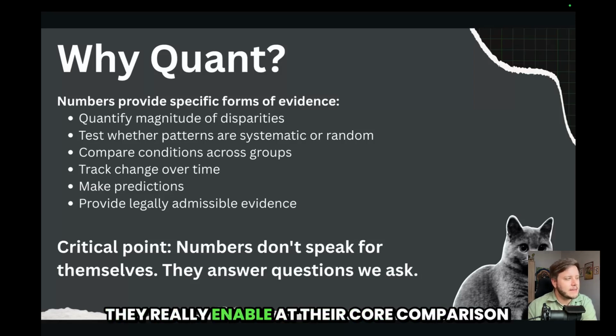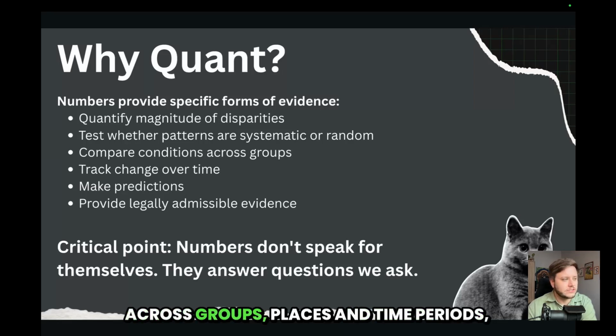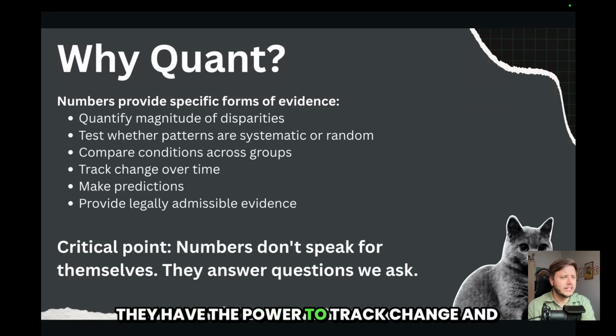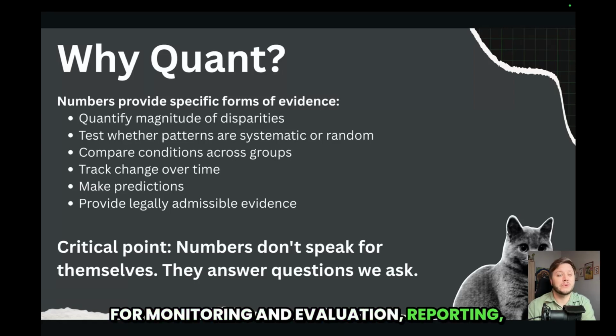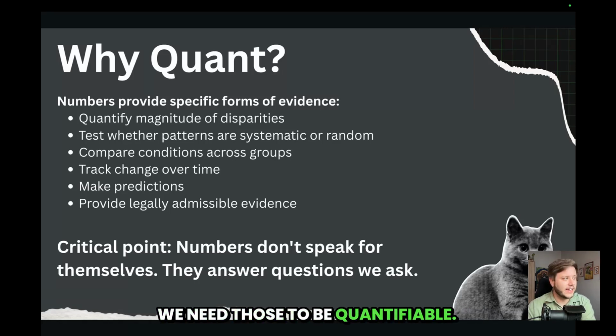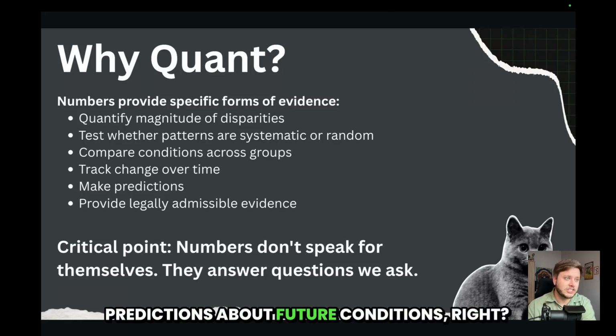They really enable at their core, comparison across groups, places, and time periods, which we've emphasized is incredibly important in this type of research. They have the power to track change and show whether conditions improve or deteriorate, right? For monitoring and evaluation, reporting, we need those to be quantifiable. And they have another power of making predictions about future conditions, right?